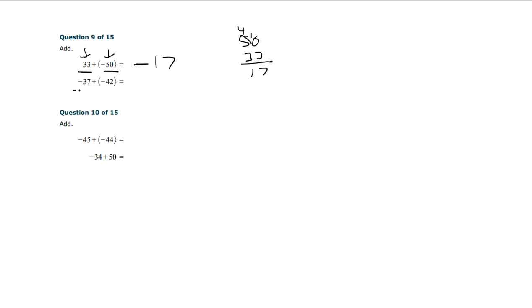The next one, if you owe 37 and you owe 42, you're obviously going to owe. And when you combine a 37 and a 42, you get 79. So you're going to owe 79. Okay, the next one, if you owe 45 and you owe 44, so 45 and 44 together is going to be 89.